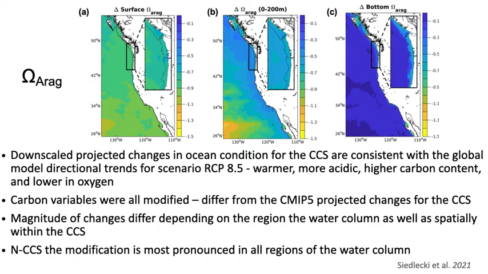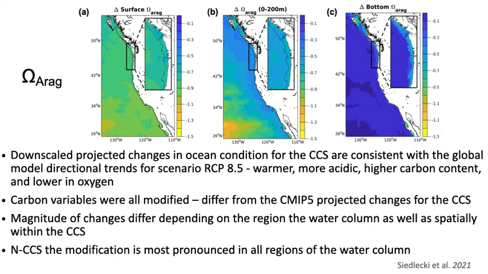The results, for just one of the carbon variables, are shown here. You see a map of saturation state for aragonite. This far left panel shows the change in the surface between the modern and the future 2100 conditions under RCP 8.5, the more severe representative concentration pathway. Inset is the map for the higher resolution downscaled simulation for the northern region of the California current system.